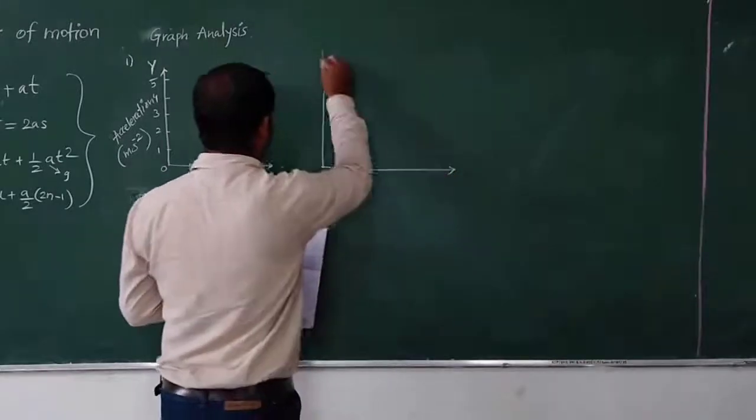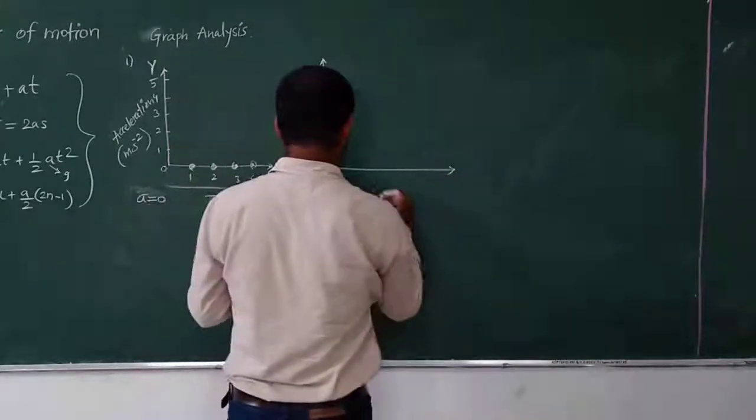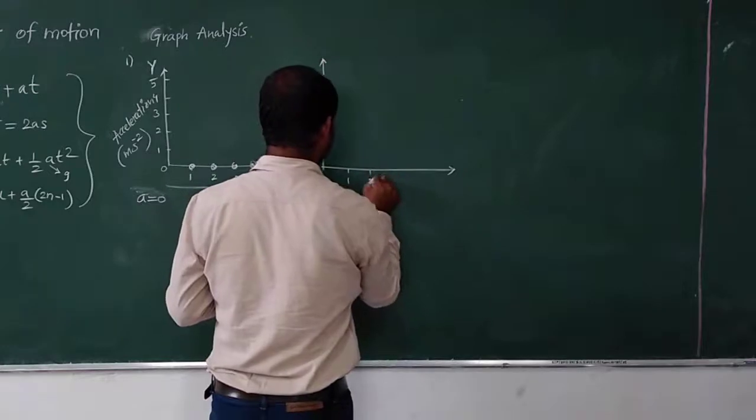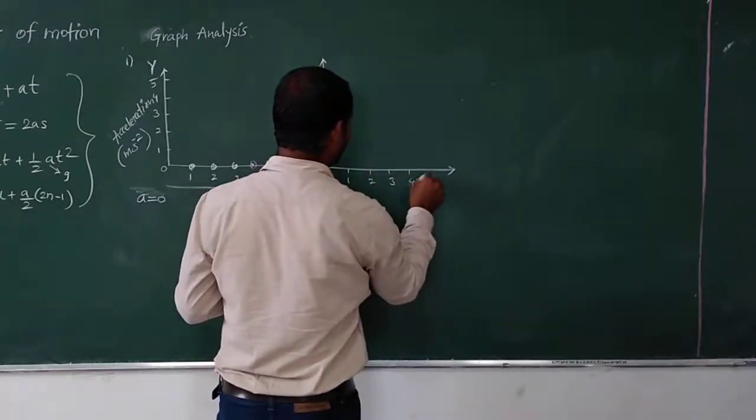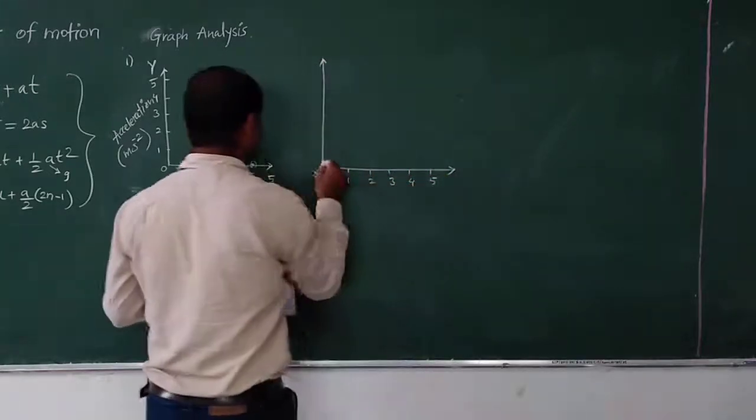The next graph is, okay, I will draw a similar graph. Points 1, 2, 3, 4, and 5. This is 0.